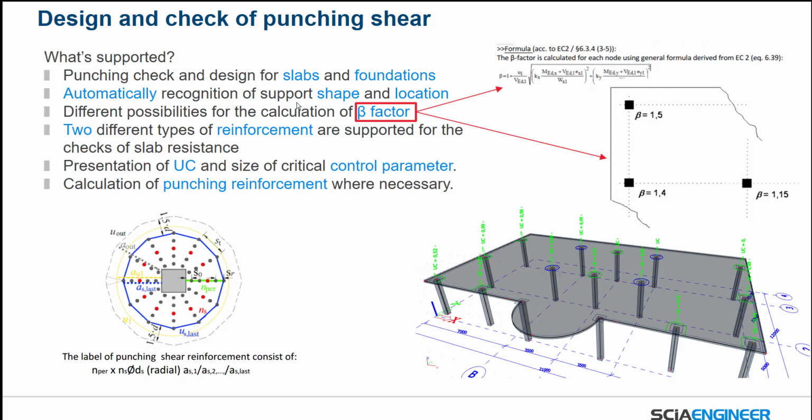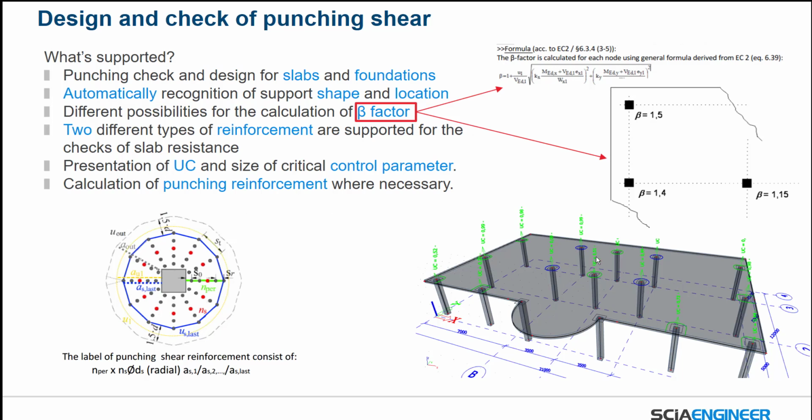Then we have two methods for the calculation of the beta factor. The simplified method depending on the location, and be careful when using that because this method has some limitation from the Eurocode. And also we have formulas for the calculation of beta, which is also from the Eurocode, depending on this article. Two different types of reinforcement you can use as a longitudinal reinforcement to check if the punching reinforcement is required or not.